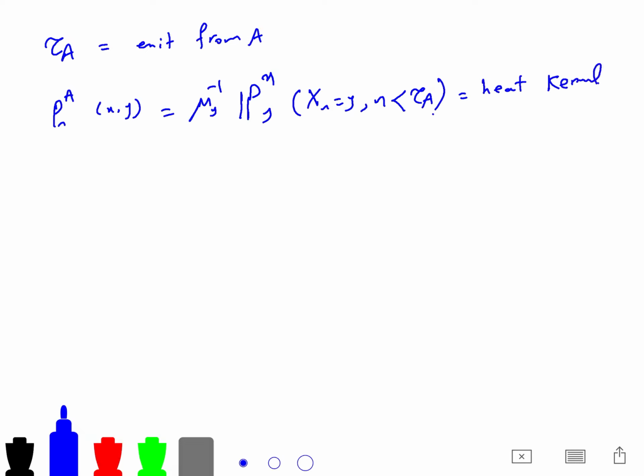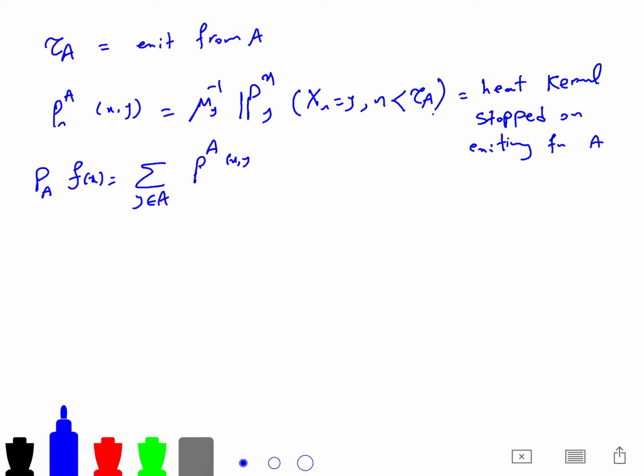But it is killed, or let's say stopped, which is a better word, stopped on exit from A. So P^A f(x) is equal to the summation over all points y in A of P^A(x,y) f(y) mu(y).